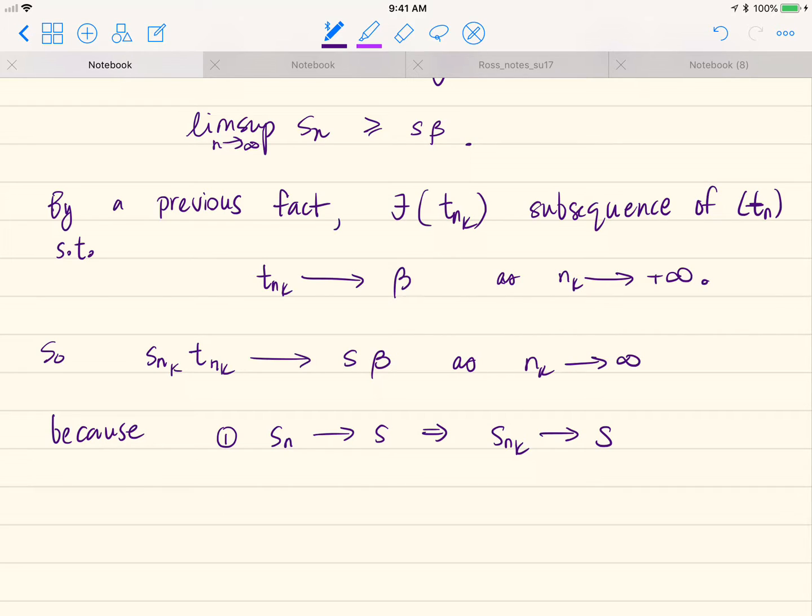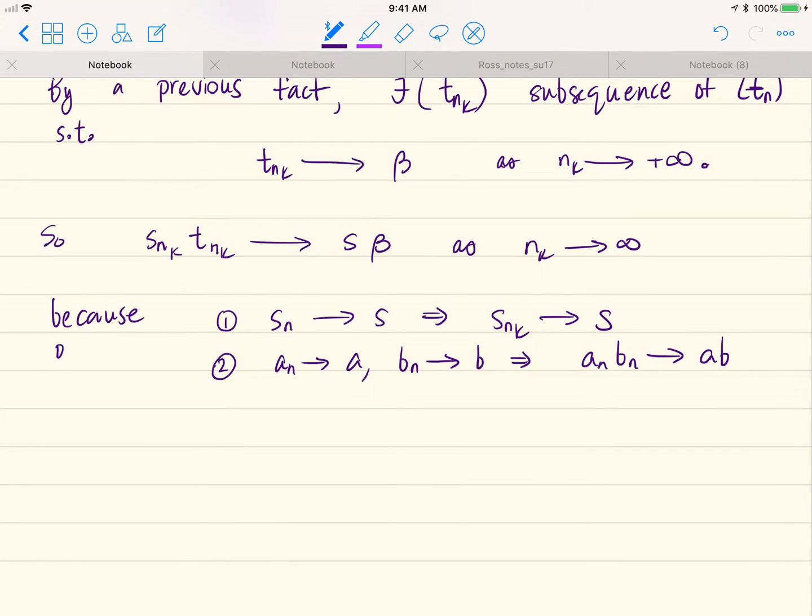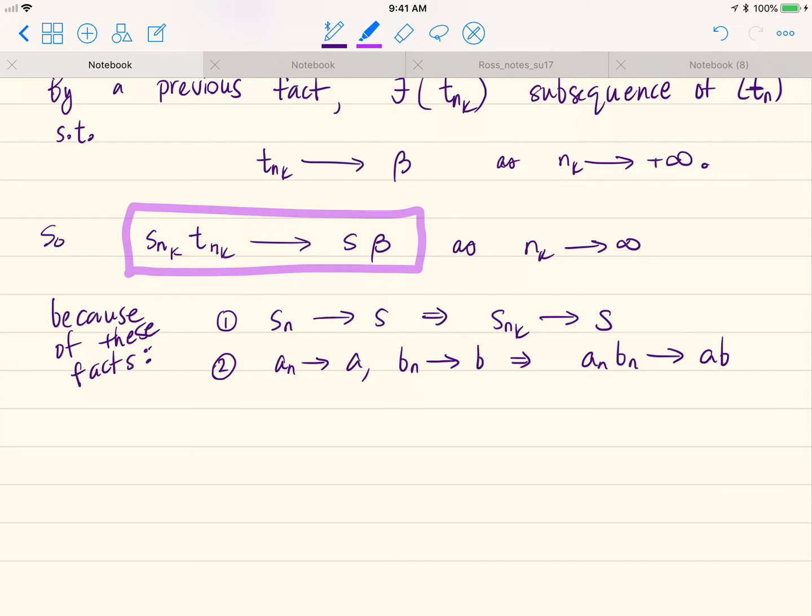And number two, if you have two convergent sequences, the limit of the product is the product of the limits: A sub n going to A, B sub n going to B implies A sub n B sub n converges to AB. These are both facts that we've proved. We combine them together, so S sub n_k T sub n_k goes to S beta.